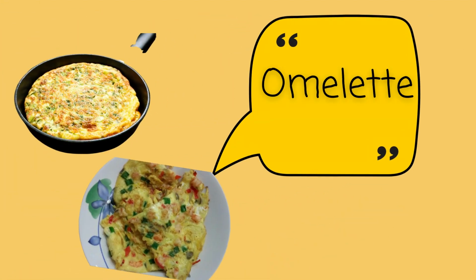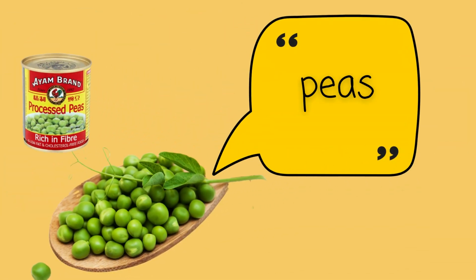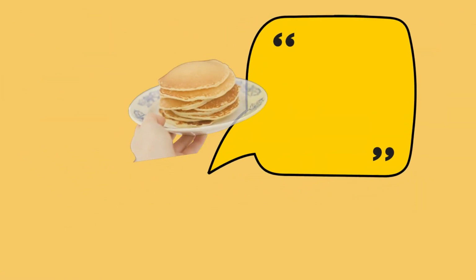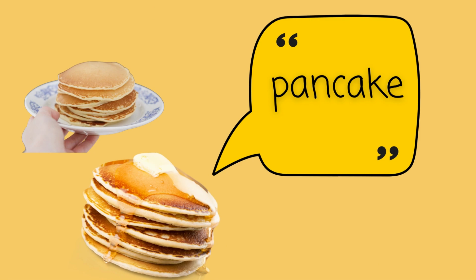The first one is omelette. Omelette, yaitu telur dadar. Peas. Peas, kacang peas. Pancake.